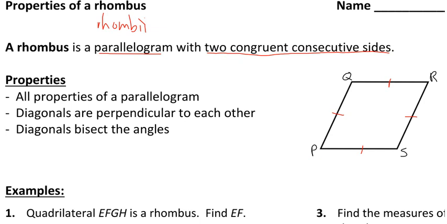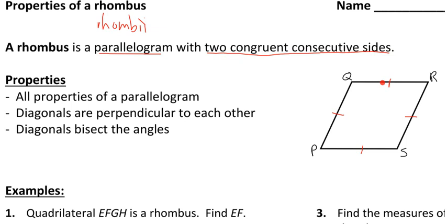Now let's look at the properties. A rhombus has all the properties of a parallelogram because by definition it is a parallelogram. So everything that we learn about the parallelogram also applies for this rhombus because it is a parallelogram. For example, opposite sides are parallel.